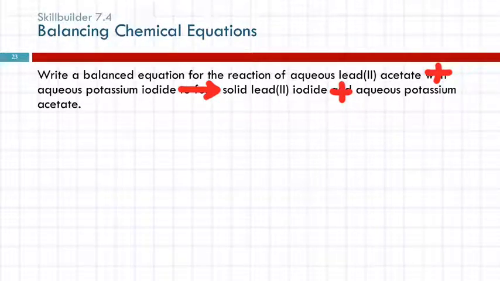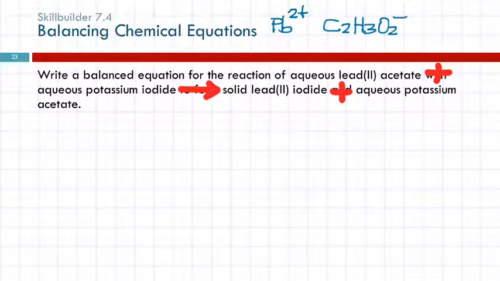So the first one, lead-2 acetate. So lead-2 is Pb, 2 plus. My stylus is breaking. Acetate, that's when you have to memorize. C2H3O2 minus 1.